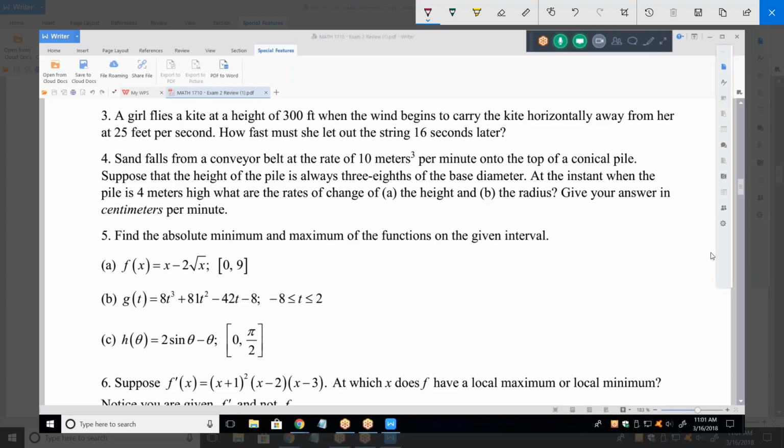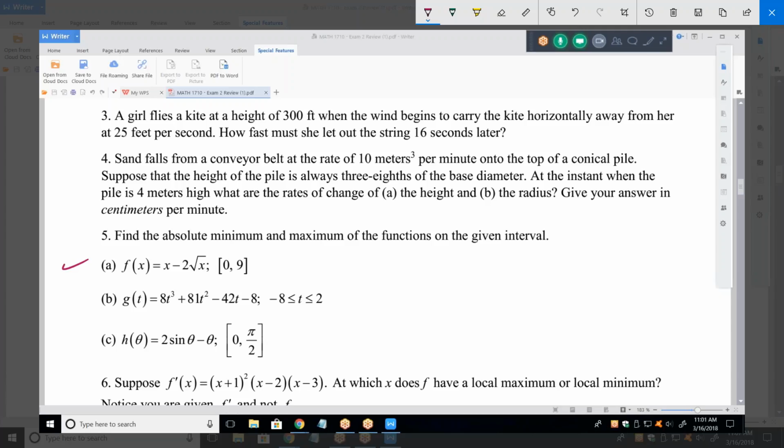So number 5, how are we going to find the absolute minimums and maximums of the functions on the given interval? We'll start with that one. You cannot use your calculator, right? Yeah, no calculator.